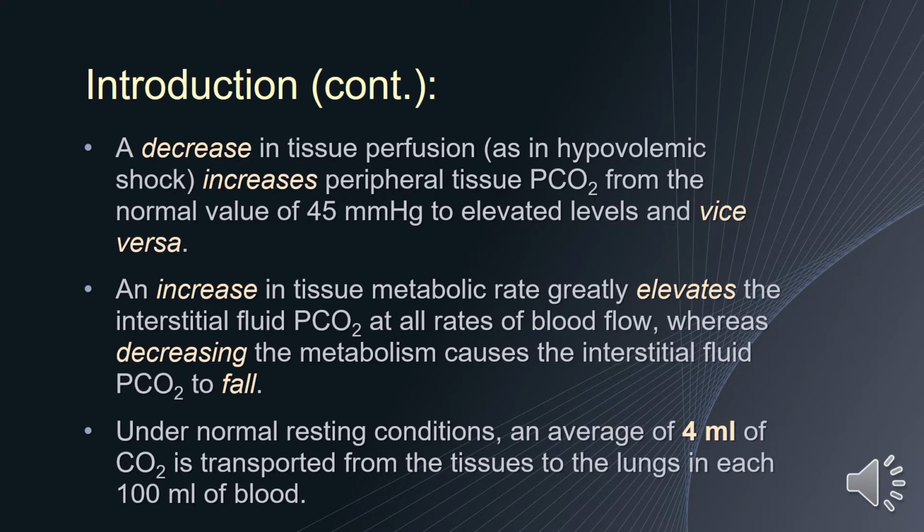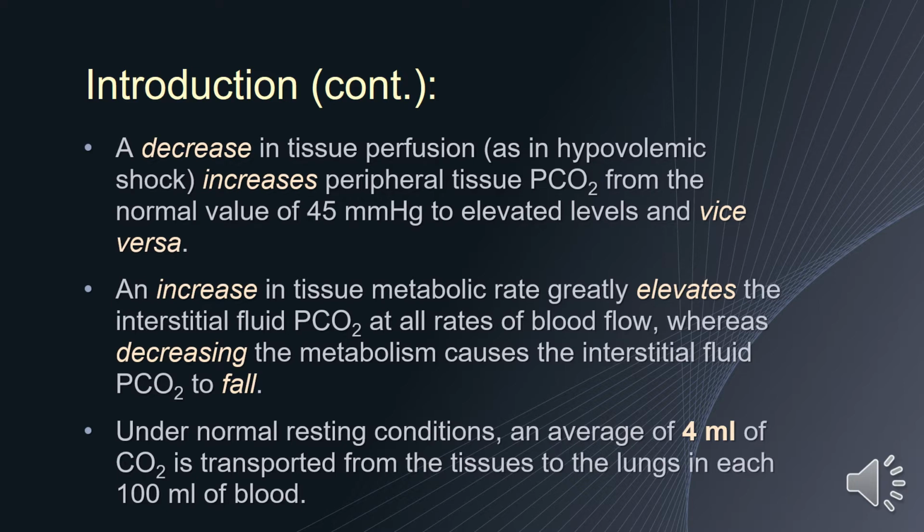And there are many other examples. For example, when there is an increase in blood pressure or in tachycardia, the venous blood leaving the myocardium will have higher levels of carbon dioxide.